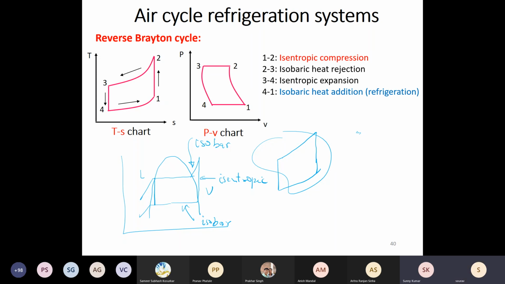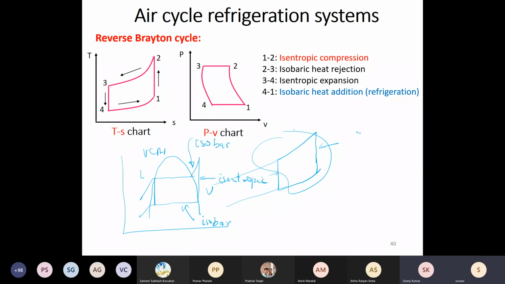Okay, so these are the isobars. This is the isentropic line, this is the isentropic line. Okay, so the process lines for VCRS and a reverse Brayton cycle are more or less the same. One is operating in the two-phase region.